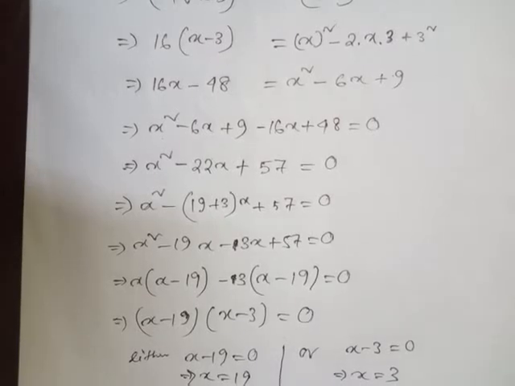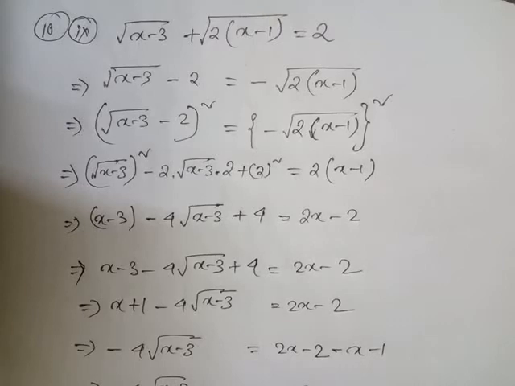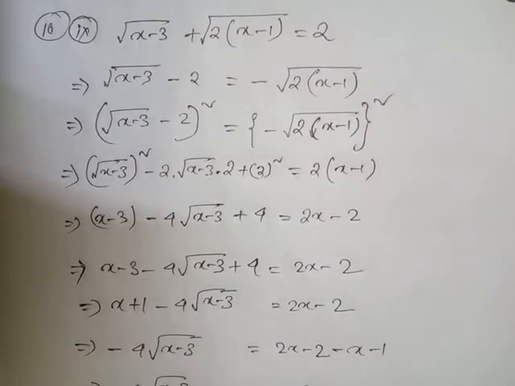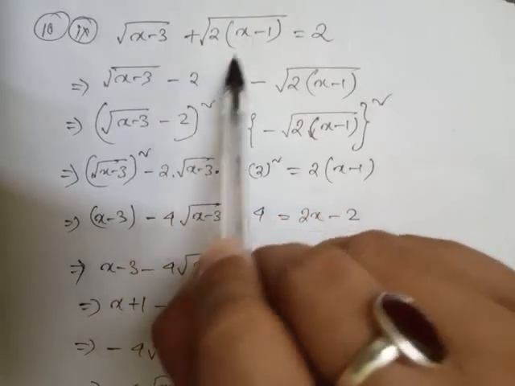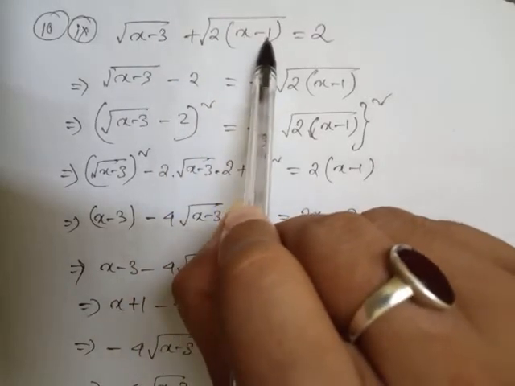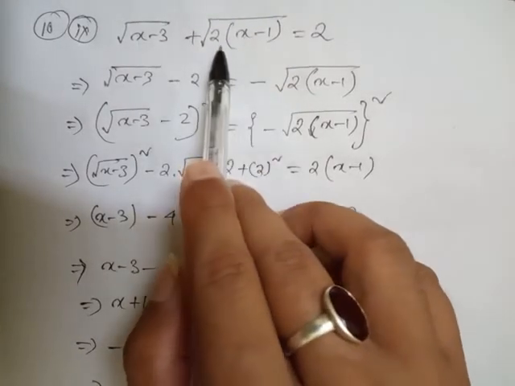Now look student, one more thing here. If I take x equal to 19, look here, 19 minus 3 is 16, and 19 minus 1 is 18, 18 into 2 is 36.